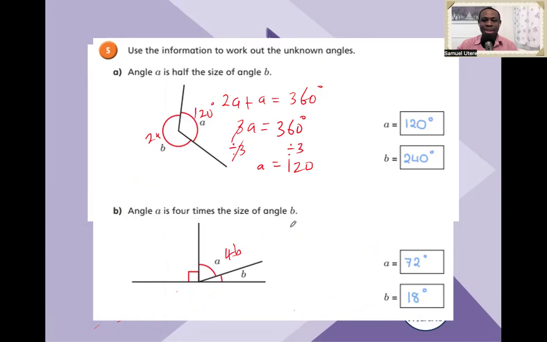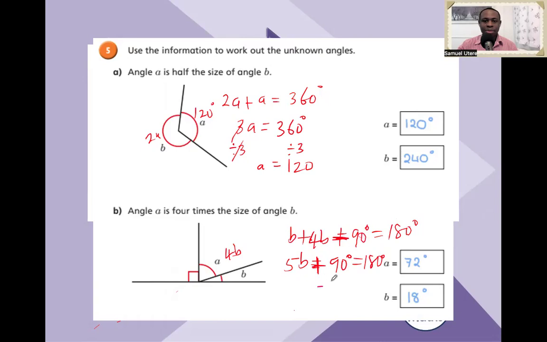So we'll have B add 4B, which, you can see it's a straight line, add 90 degrees, should be equal to 180 degrees. 5B plus 90 degrees, sorry, will be equal to 180 degrees, okay?